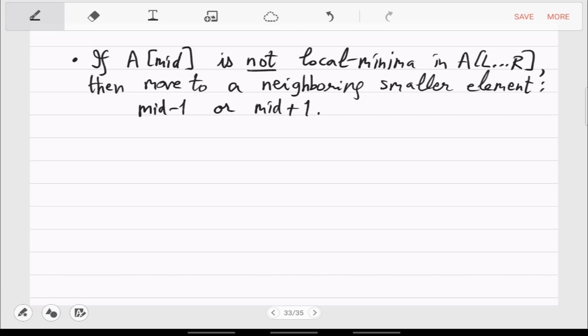That will be the algorithm: move to that half. So that is the pseudocode fragment.